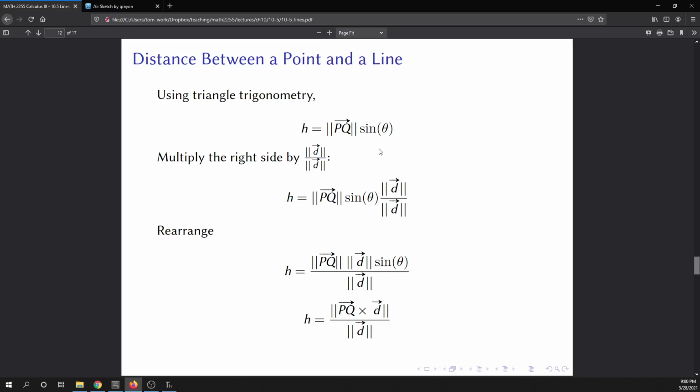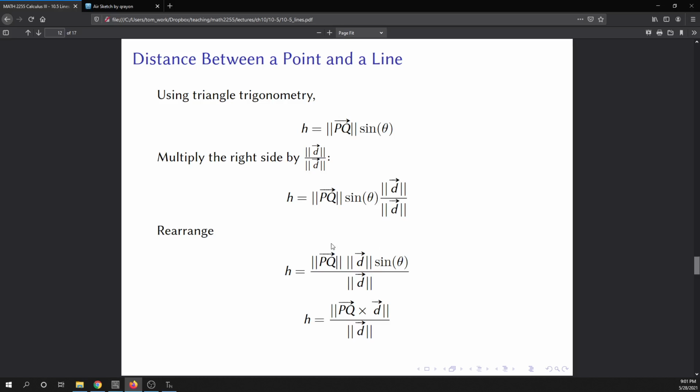So that formula is okay if you know the angle, but a lot of times we will not know the angle and not really want to figure it out, especially if we have the component form. So we can rearrange this by multiplying the top by the magnitude of the direction vector over itself, as long as that's not 0, which it's not going to be. And when we do that, on the top we would get the magnitude of the vector from P to Q times the magnitude of the direction vector times sine theta, over the magnitude of the direction vector.